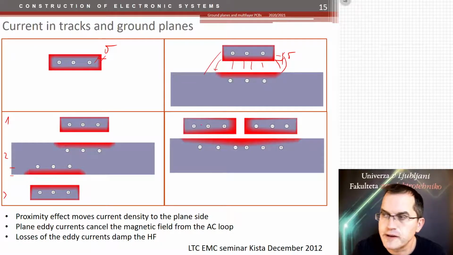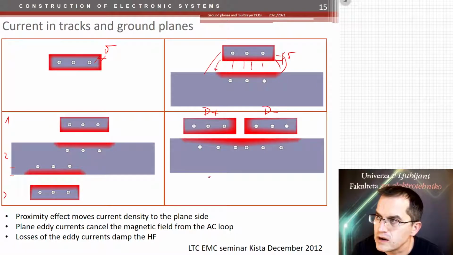And if I have differential signals like USB, this would be D plus and that would be D minus. These two lines have a proximity effect here. So we have a differential signal there, but also we have a common mode part.